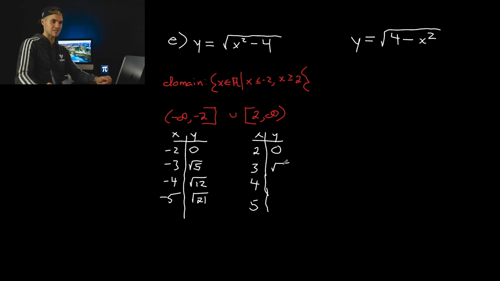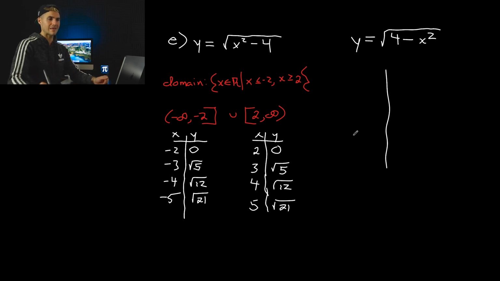And actually the same thing's going to be happening here. It's going to be a symmetrical function, right? Because -3 squared and +3 squared, both of those would give you 9, which would give you that root 5 as a y value. And so notice that the y values are starting at 0, and then they are increasing, right, as we extend out into the domains.